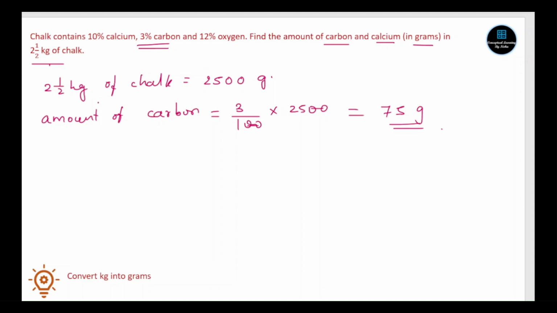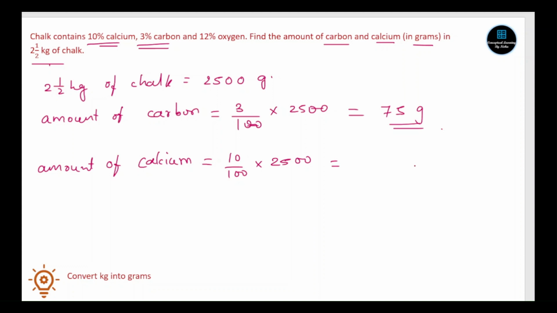Understood this? Great. And now they asked us for calcium. So I can find the amount of calcium is equal to, calcium is 10%. While taking this, please don't make a mistake. Read it properly and take the proper value of that given element. So 10% is 10 upon 100 times 2500 grams.